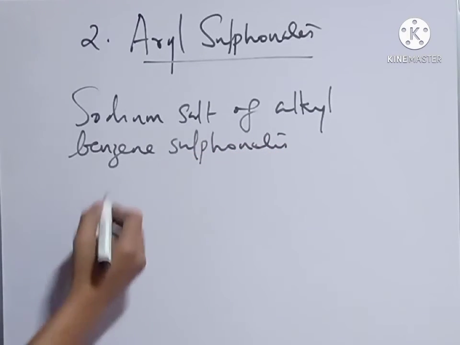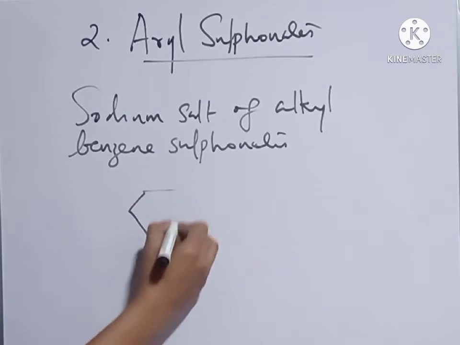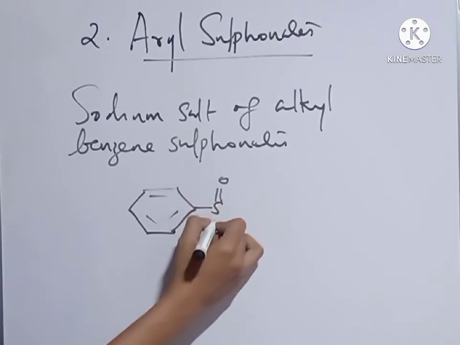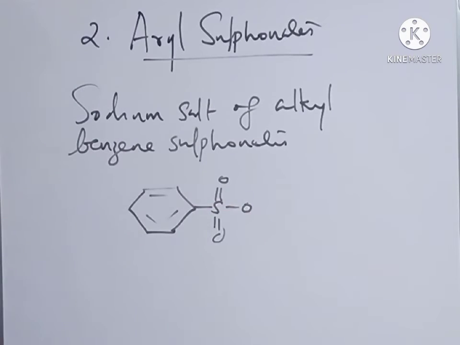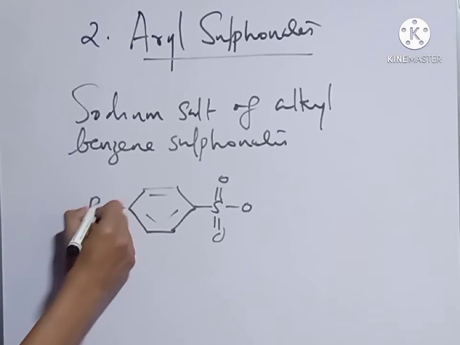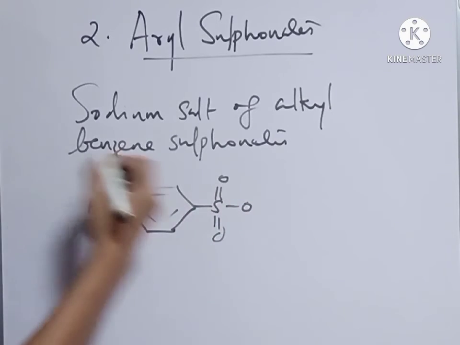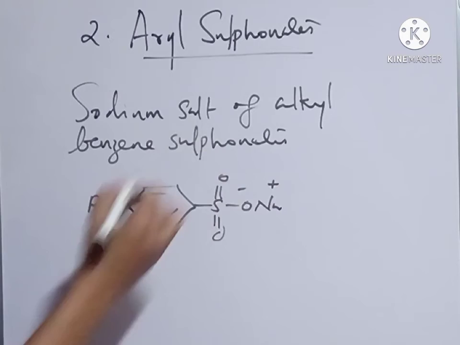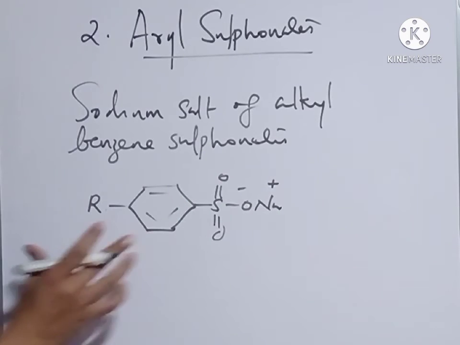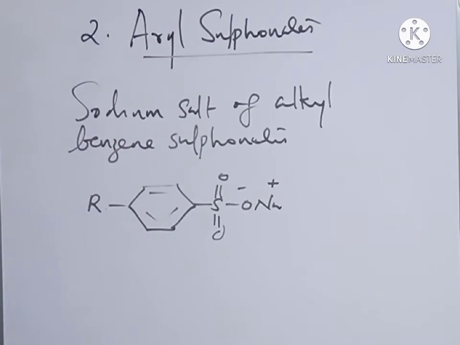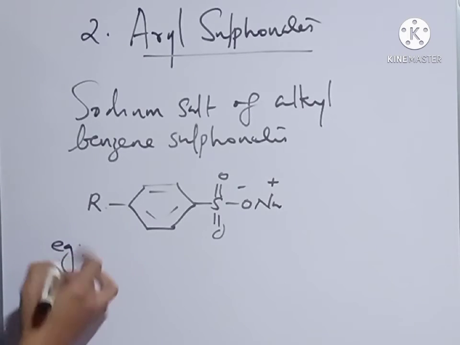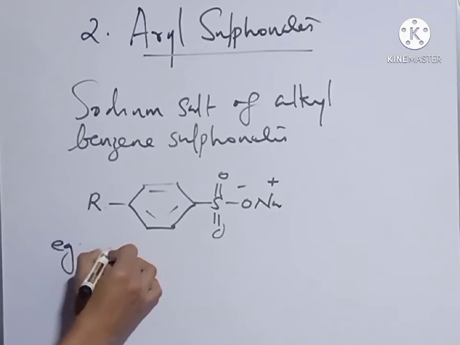That is, these are the benzene sulfonates having an alkyl group, which is the hydrophobic part, and Na plus and O minus. This is the basic structure of aryl sulfonates. A typical example is sodium dodecyl sulfonate.